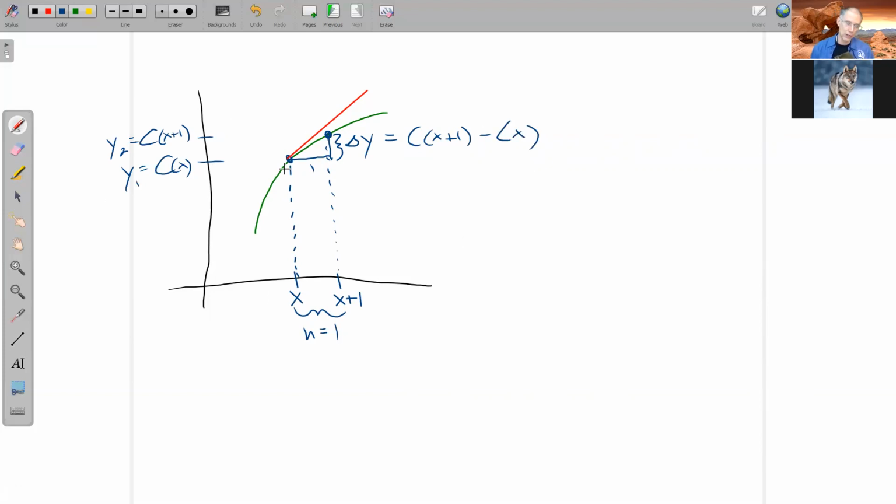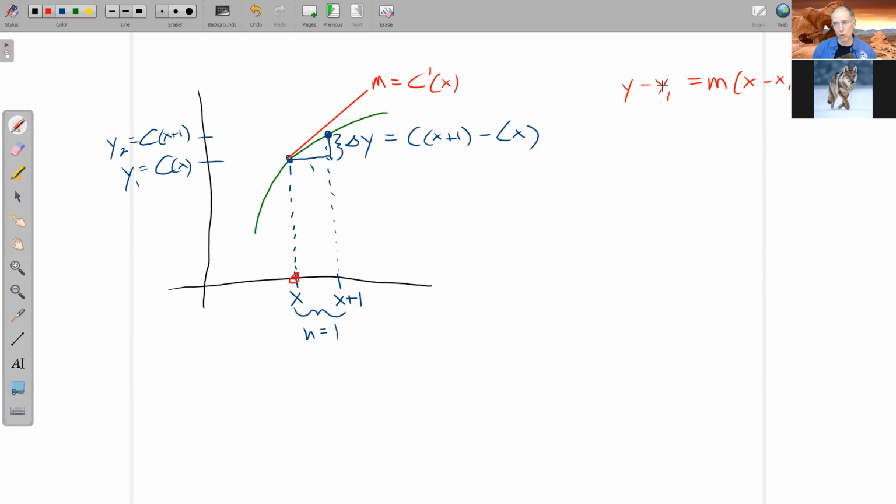Now, I also found the tangent line, and this tangent line right here has a slope, m, that comes from the derivative where we plug in this x value right there. And when we extend that out 1 unit, just think about this for a sec, we have our y minus y1 equals m times x minus x1.